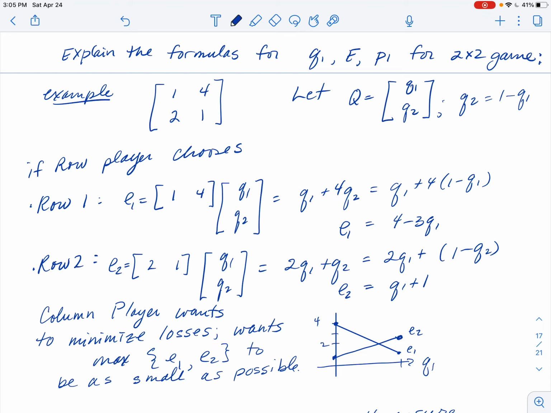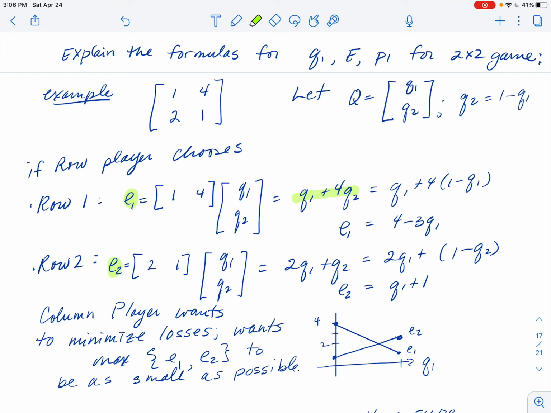The row player could choose row 1. And so if the row player chooses row 1, I've written this as E1, expected value 1. We would use row 1, which is 1, 4, and multiply by the column probabilities, Q1, Q2. And so we would have this right here, I'll highlight it, Q1 plus 4 Q2 for our expected value for row 1. Now, if the row player chooses row 2, we might have a second expected value.